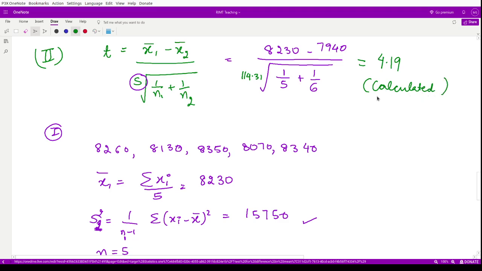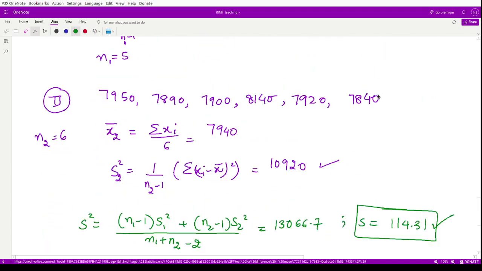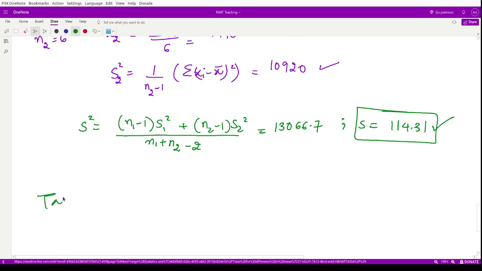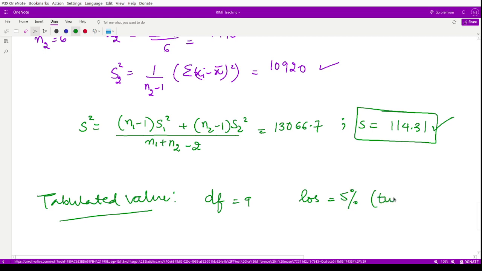So next we are to determine our tabulated value. For that we have to again refer back to the table with 9 degrees of freedom and the level of significance as 5%. But because we are having a two-tailed test, so we will look for, I'm sorry, here it is not 5%, it is 1%.